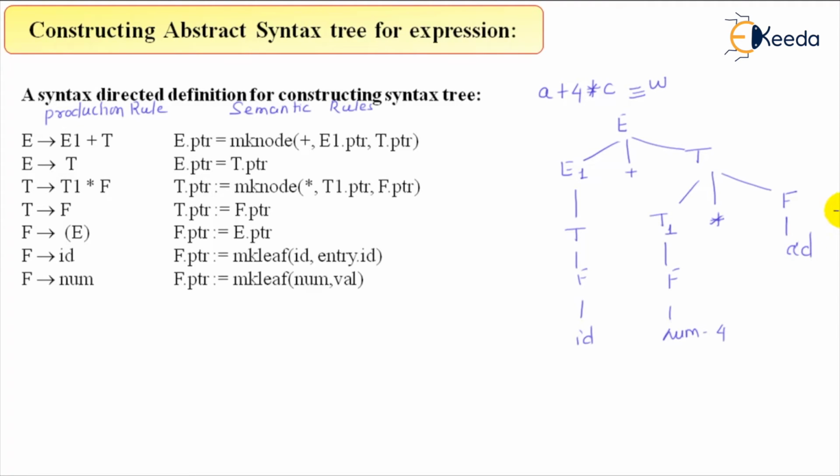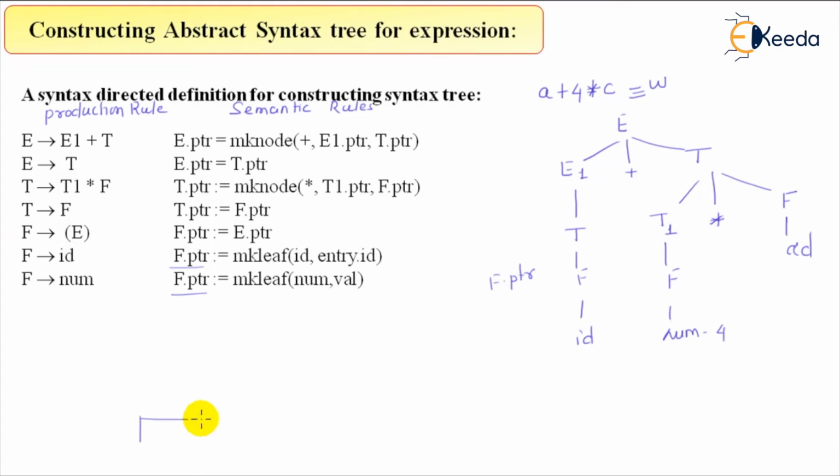Look at here: f derives number, f derives id, and in both cases we have to make a leaf and return the pointer to this. So f dot ptr will be holding the address of what? The address of this make leaf id dot entry.